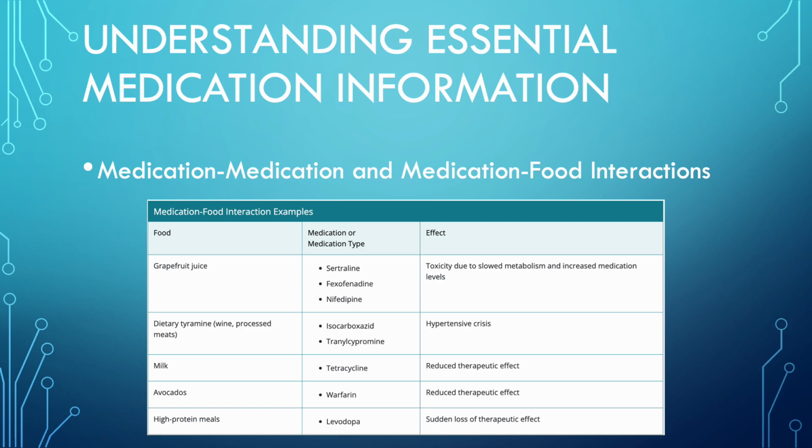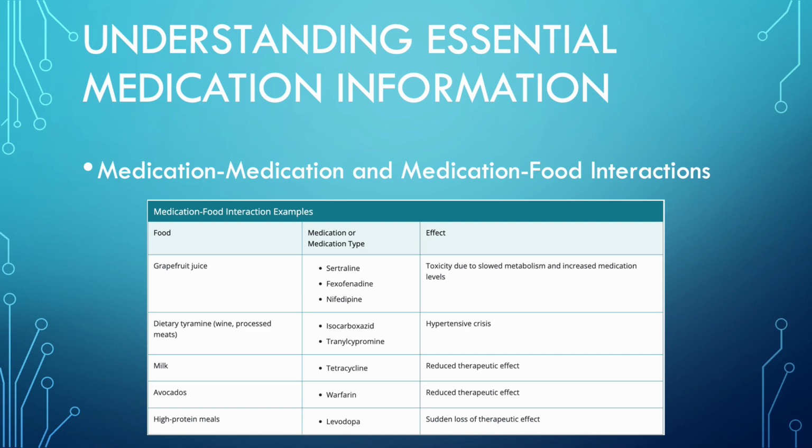Like I've said, medications can react with other medications, and medications can react with foods. These interactions can radically change the action of medication in the body. That's not a good thing. Your book gives the good example of grapefruit drink that can decrease the enzyme metabolism of certain medications, which increases their potency and the risk for toxicity.